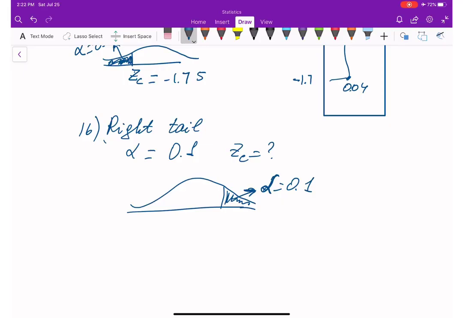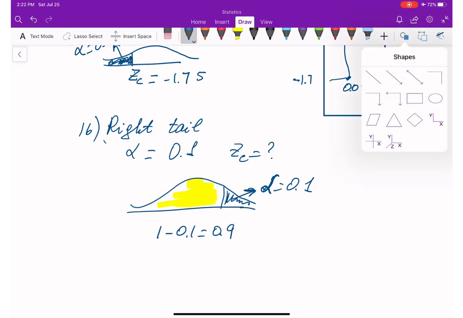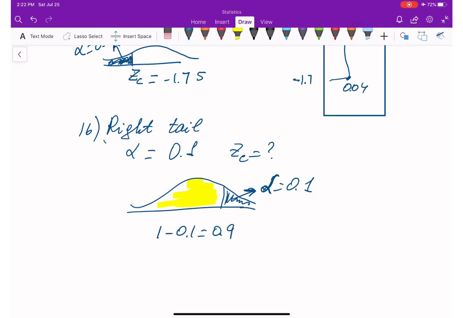Since our table shows only area to the left, what do we have to do? Right away, 1 minus 0.1, we get 0.9. Correct? 0.9 is the one we need to find in the table, and 0.9 is definitely 90%, greater than 50.